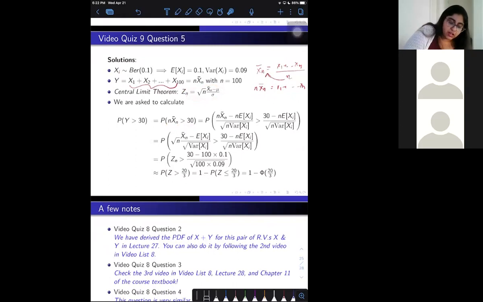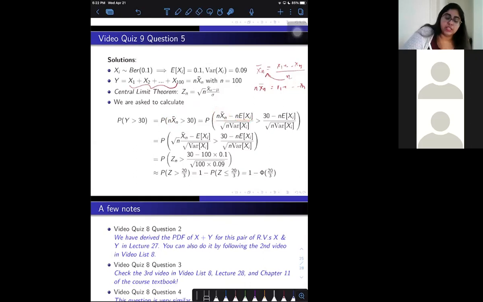In this case, our variable is multiplied by n, so we have n Xn bar and we subtract n times the expected value of Xi.